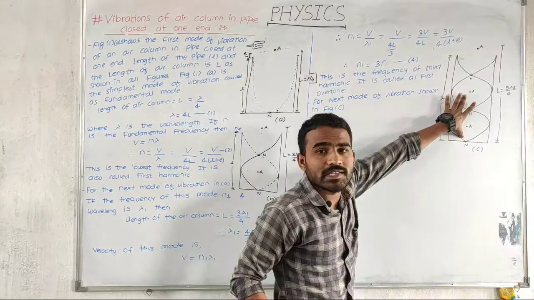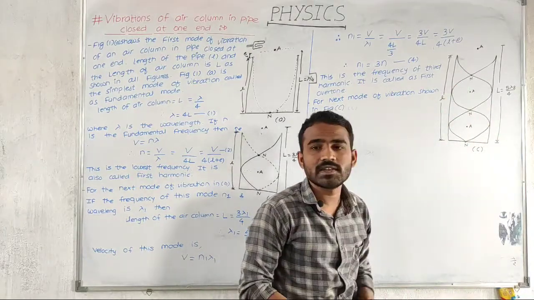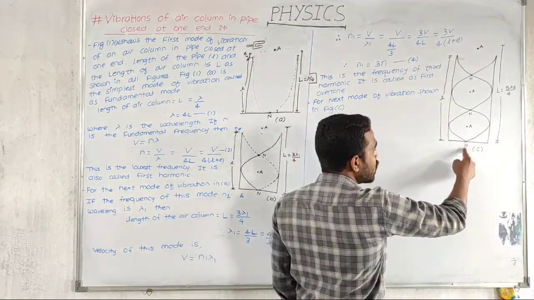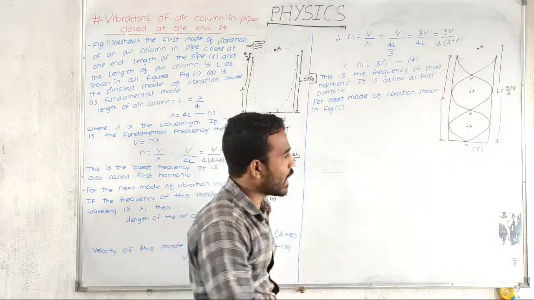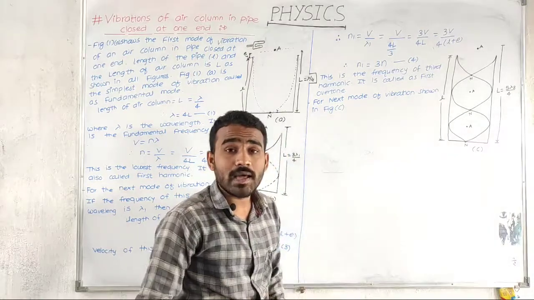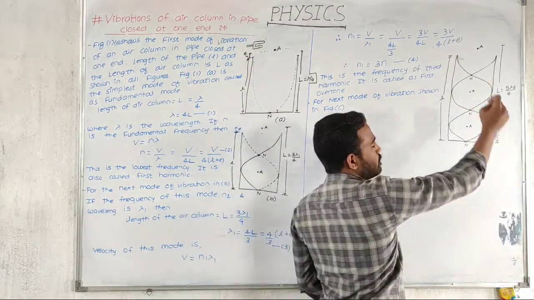This air column is vibrated in such a way that there is a node at the closed end and an antinode at the open end, and there are two more nodes and two more antinodes in between.